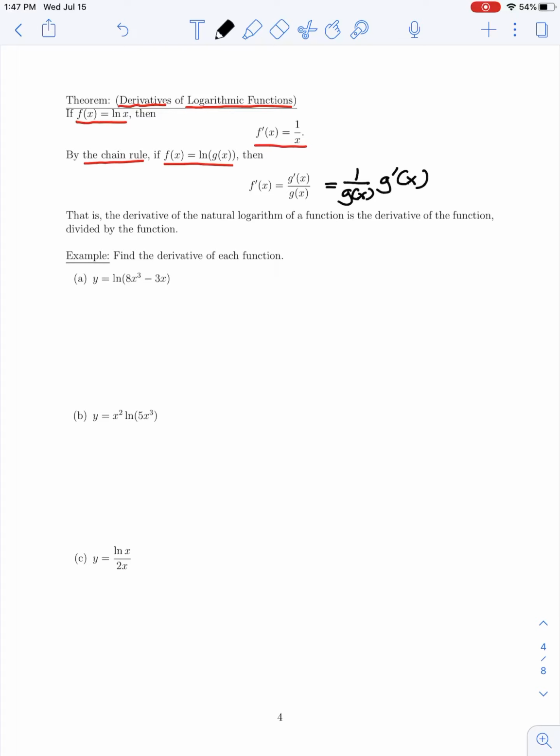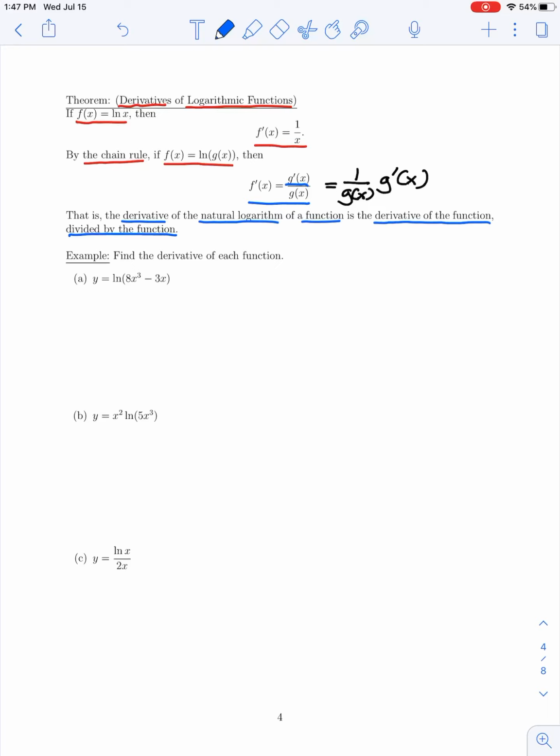So the derivative of the natural log of a function would be the quotient, where our numerator is the derivative of that inner function, and then we're dividing by that function itself. Or in English, the derivative of the natural logarithm of a function is found by taking the derivative of that function divided by that function itself.